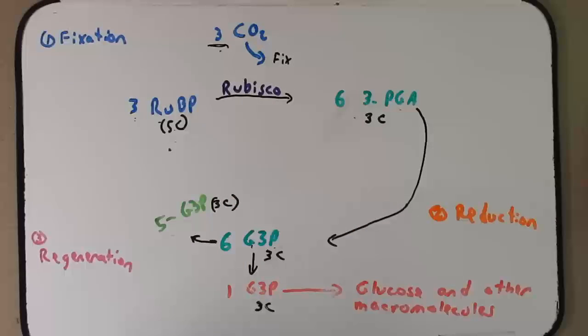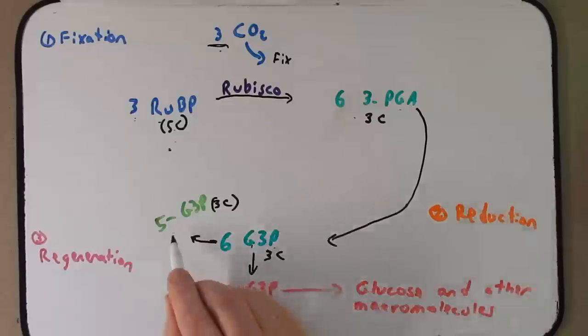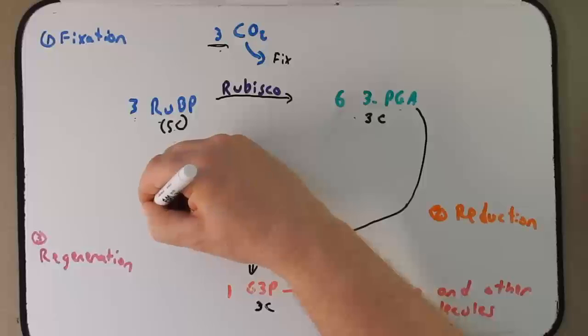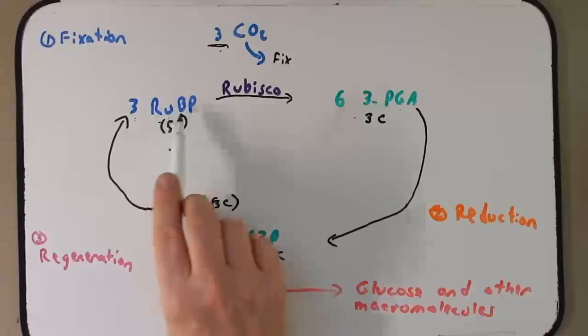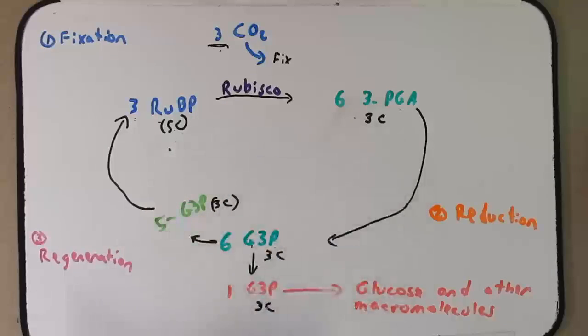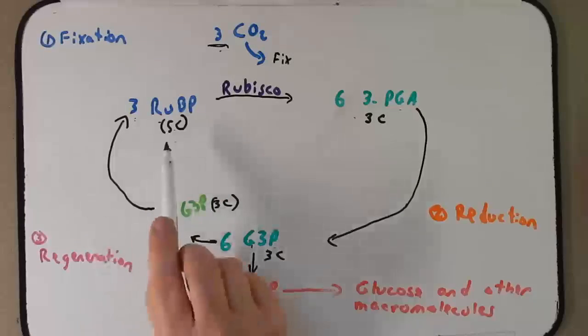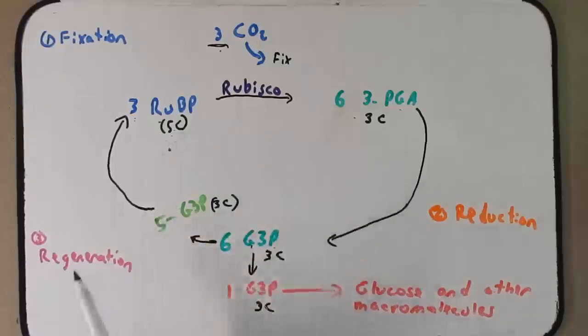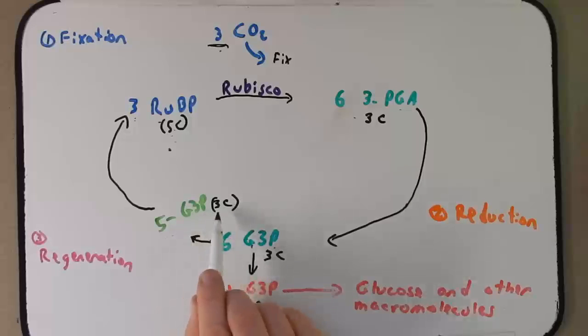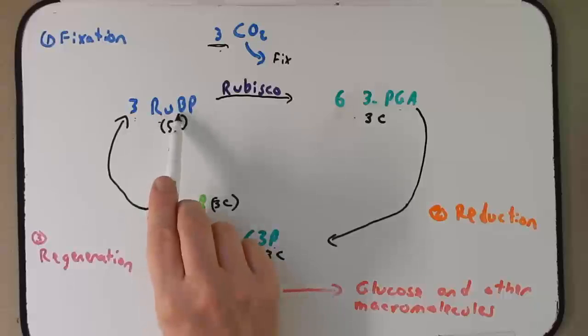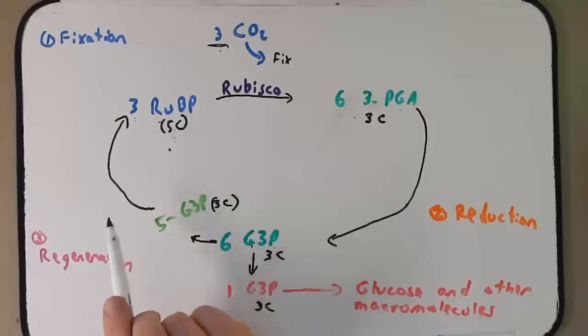So during the regeneration phase, these 5 3-PGA molecules have their bonds reorganized to generate 3 RuBPs, each with 5 carbons. So we're making a larger molecule, but the total number of carbons is the same. Here you have 5 of these molecules, each of them containing 3 carbons. Here you have 3 of these molecules, each of them containing 5 carbons.